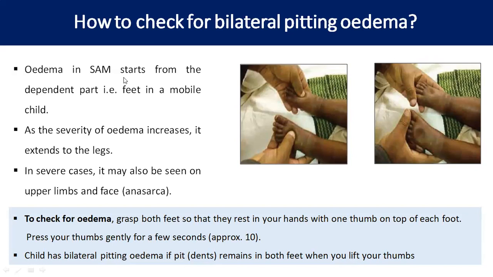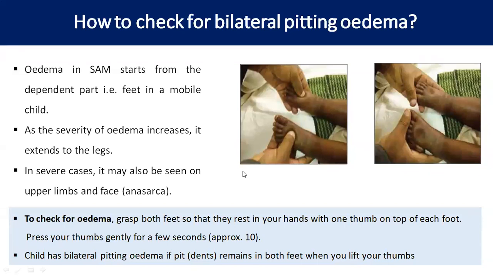Edema in the SAM starts from the dependent part, that is the feet in the mobile child. As the severity of the edema increases, it extends to the legs. So usually this edema starts from the feet and then it goes upwards as the severity increases. In very severe cases, the edema can be seen in the upper limb or the face as well, which is known as anasarca.